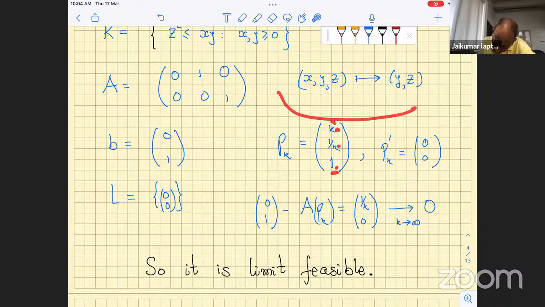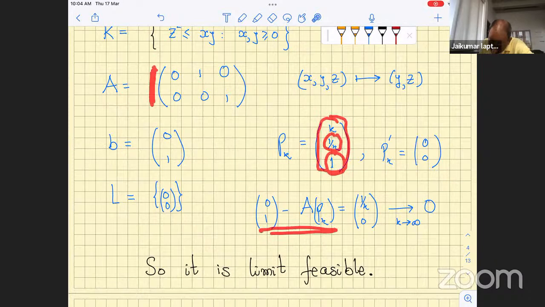Yeah, z value is 1, x value is k, y value is 1 over k. And now, if I project this point onto the last two coordinates, I will get 1 and 1 over k.